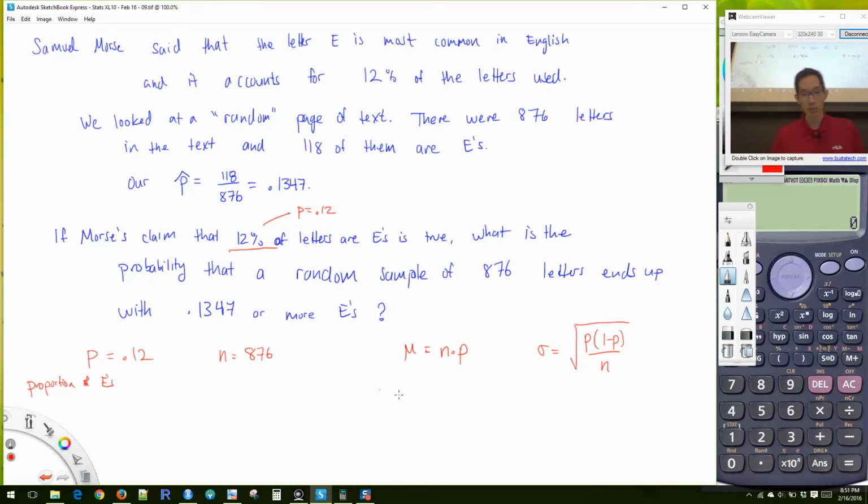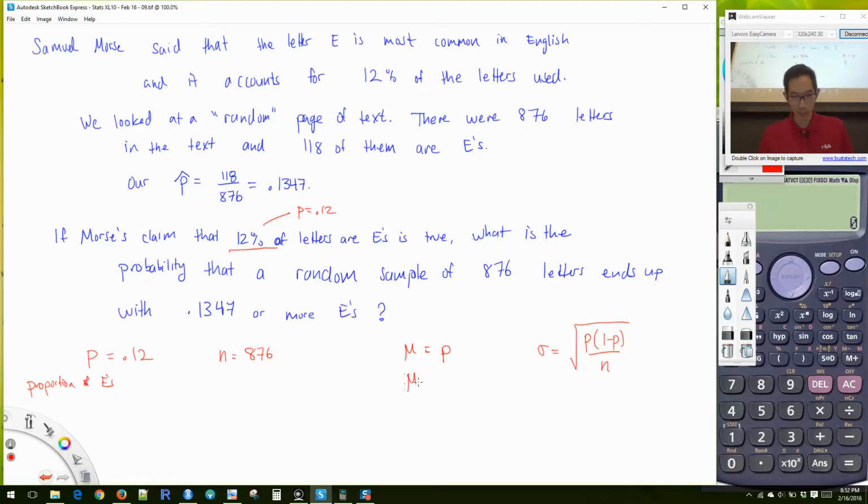What we're expecting, oh, I don't know why I wrote mu, I'm sorry. I don't know why I wrote n times p, I apologize. Mu is just p, and our standard deviation is this.